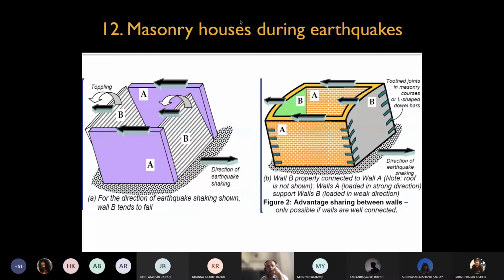So to prevent that, the simple method that you require is to tie the corners. If your bonds are in such a way that the corners are tied properly rather than freestanding, or just a mortar vertical line in between, then the chances of it being able to resist the earthquake is much better, because then wall A also comes into action. Otherwise, if left on its own, if B is not tied to wall A, then B has to fend for itself, and it's not in a position to support itself.